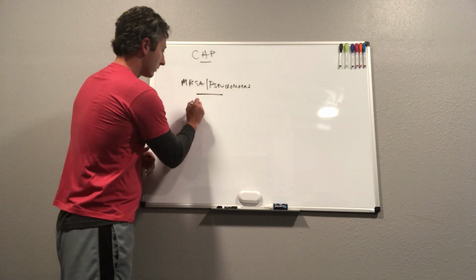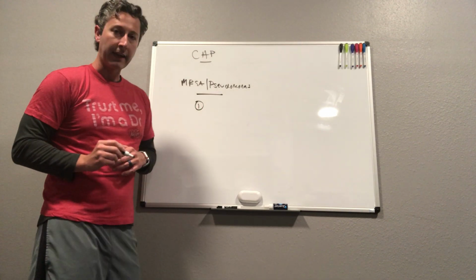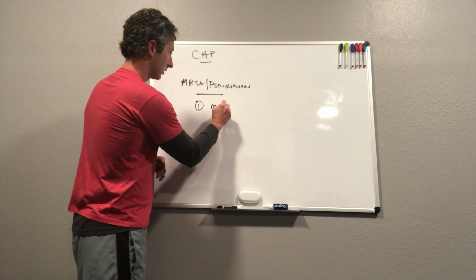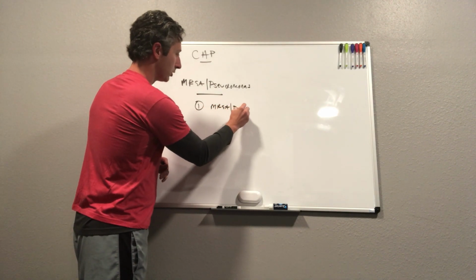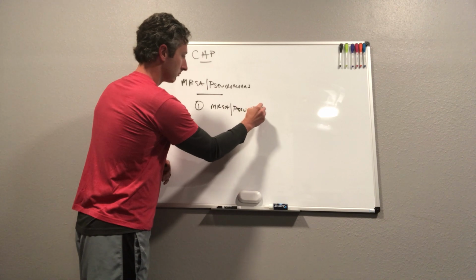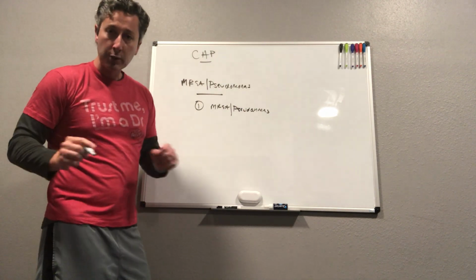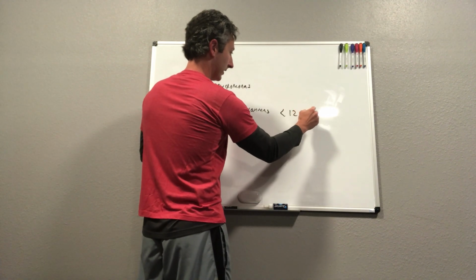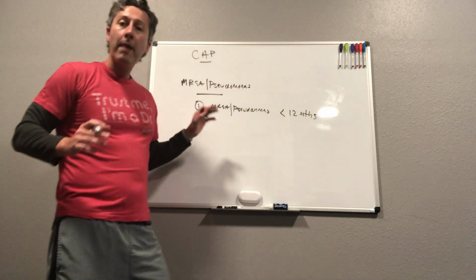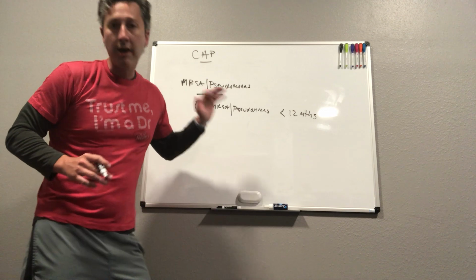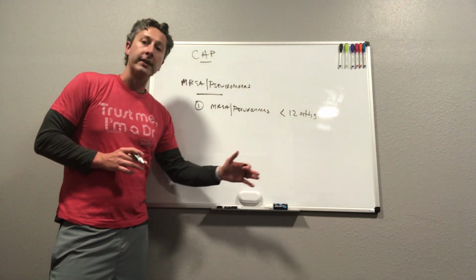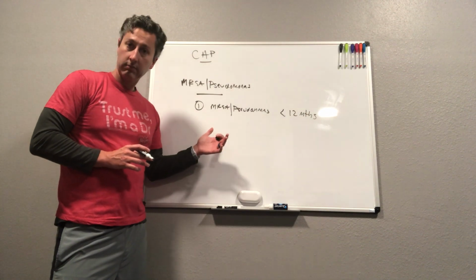So the first one is if you have isolation of MRSA or Pseudomonas in your sputum within the last 12 months, no matter if you're severe pneumonia or you're non-severe pneumonia, this would be grounds for empirically starting treatment, okay?